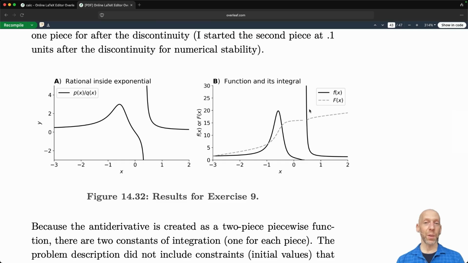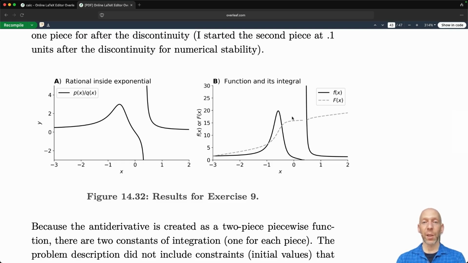Okay, so now the question is, how do we deal with a constant of integration in the numerical approximation of the indefinite integral here? And that's what you see with this gray line. Now, there's a couple of ways you can do this. I would like you to take some time to explore different options and why this even is an issue, why this is necessary to address this situation.